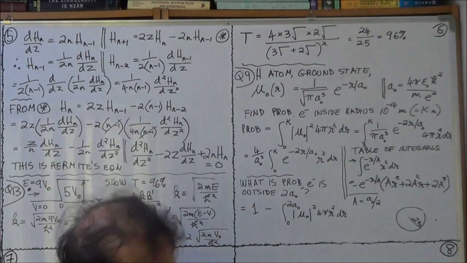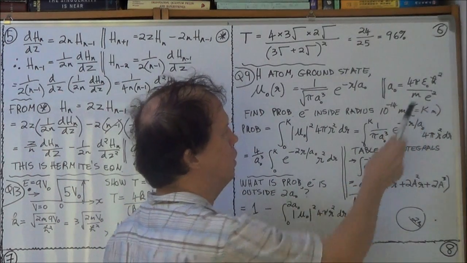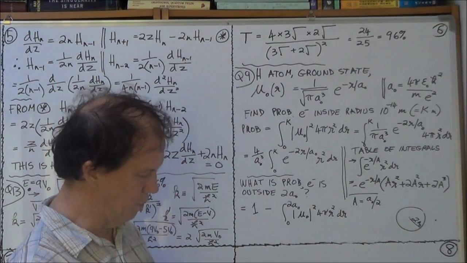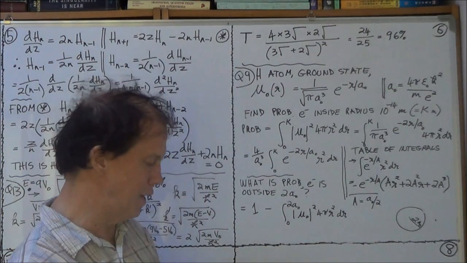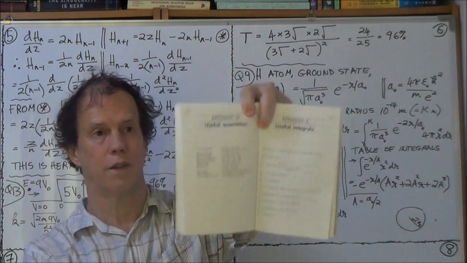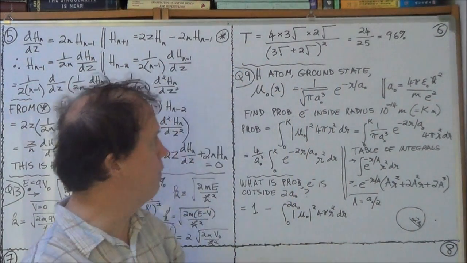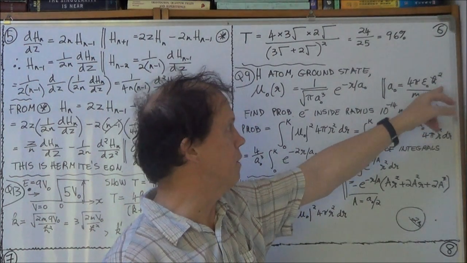So you need the values of Planck's constant, the mass of the electron, the charge of the electron. All those are also listed conveniently for you. That's in Appendix D, called Useful Quantities. So you have a list of these physical constants.